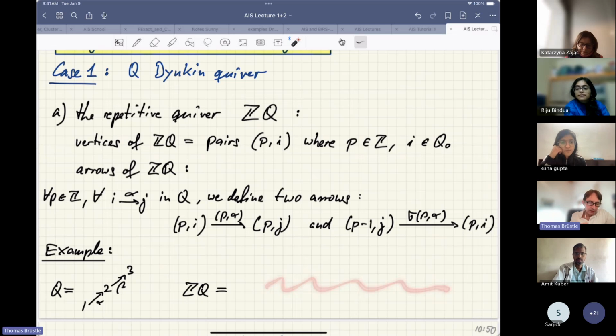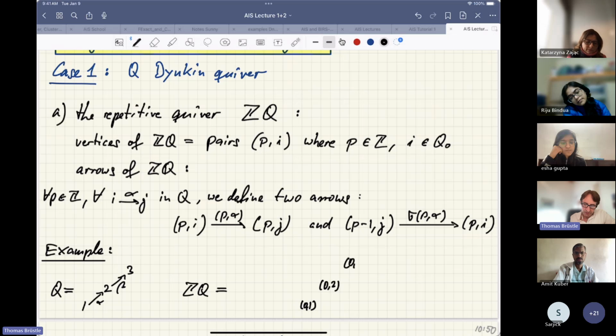Okay. So I start with my quiver 1, 2, 3 and 2 arrows alpha, beta. And then I give myself a copy: (0,1), (0,2), (0,3), and I get these 2 arrows (0, alpha), (0, beta). And I do this for every integer.